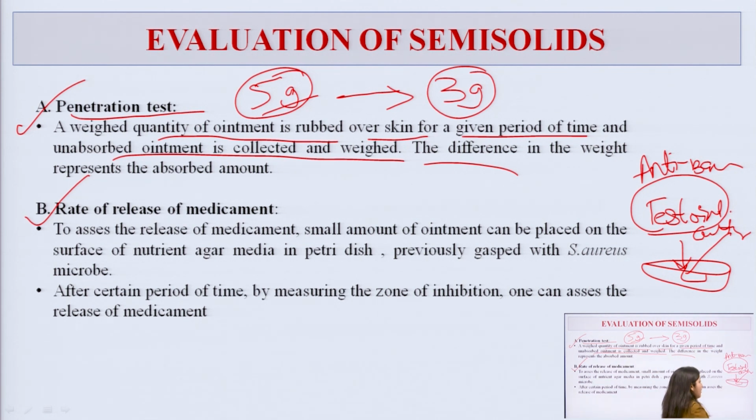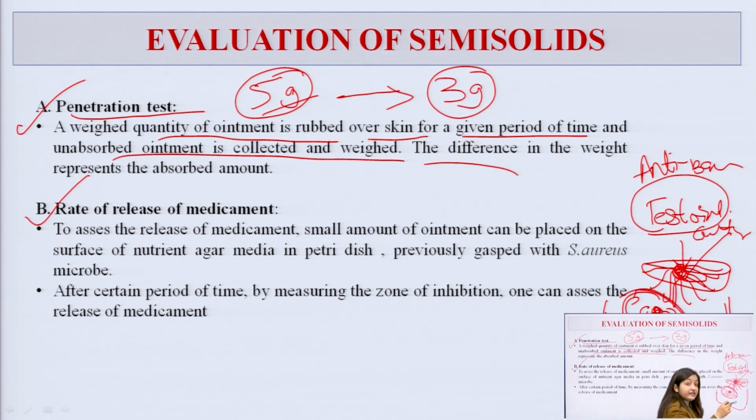If this ointment reaches this particular area, it means that up to which extent our ointment is going to release the medicament. If the area of the Petri plate is this much, and if we are attaching our medicated ointment here, and the power of the medicated ointment is only up to this area, it means that this is only the efficacy of our ointment.